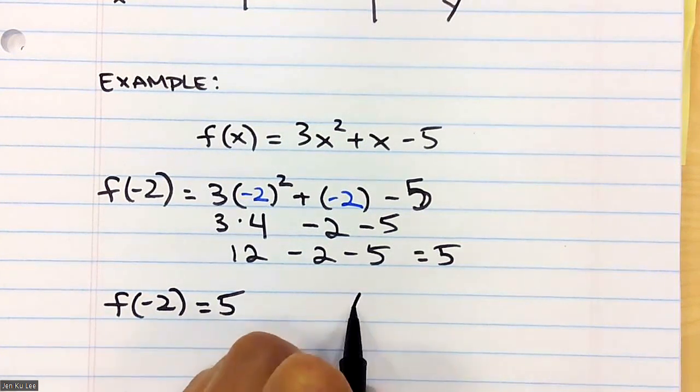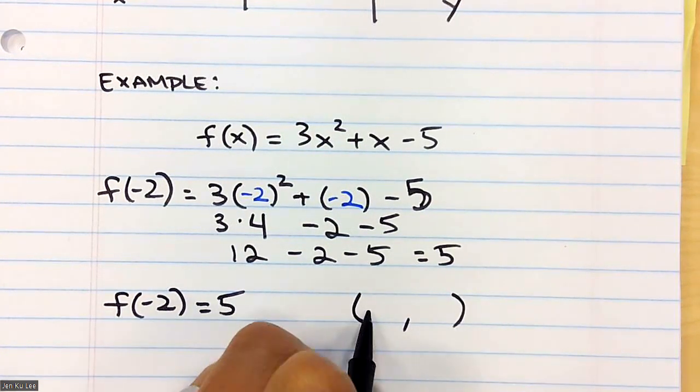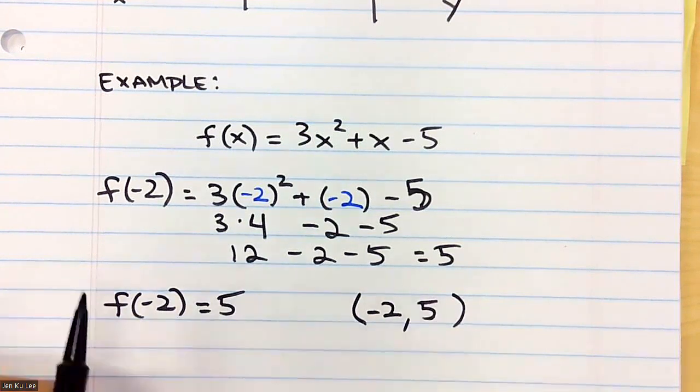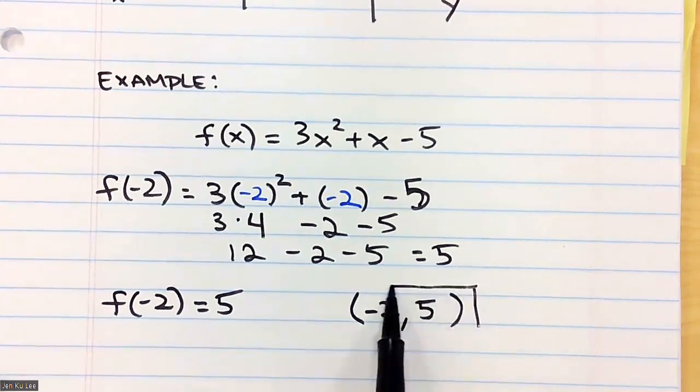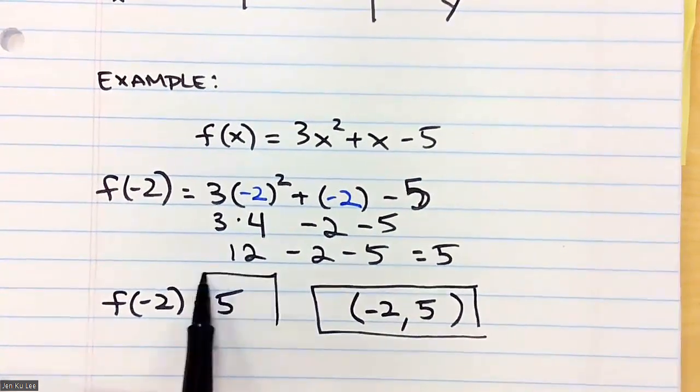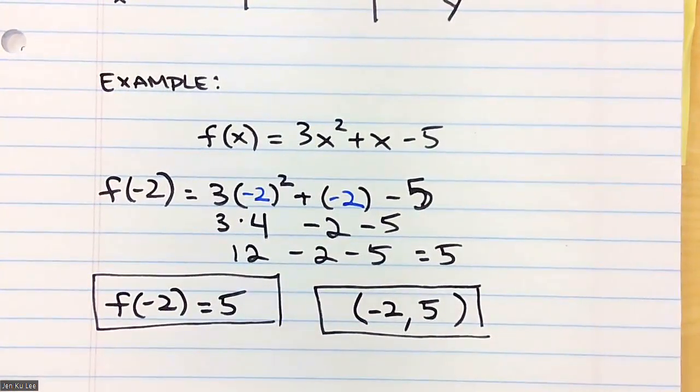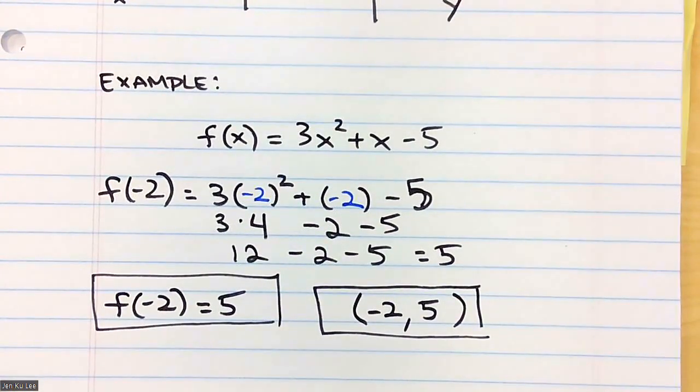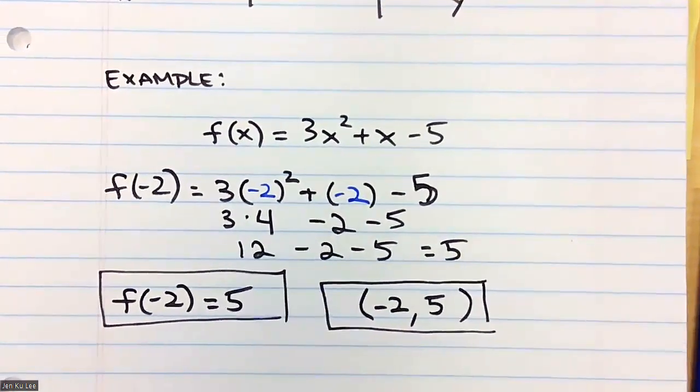This is also a coordinate. Negative 2 comma 5. Okay? So both of these work. All right? Questions on that?